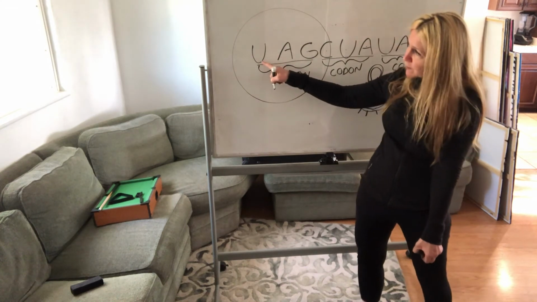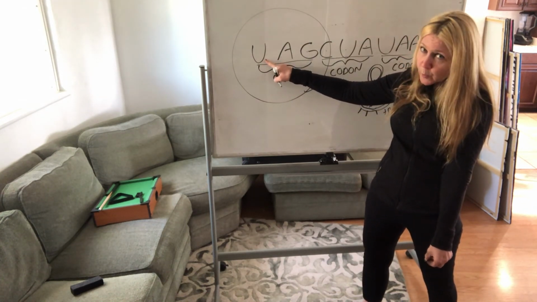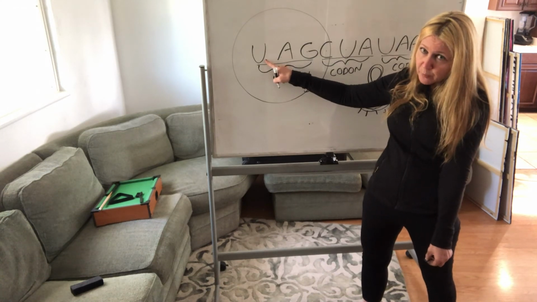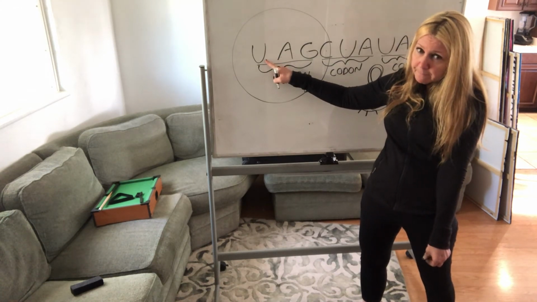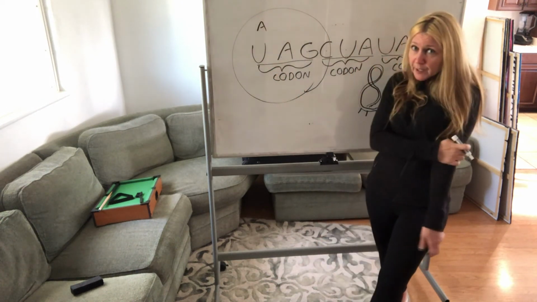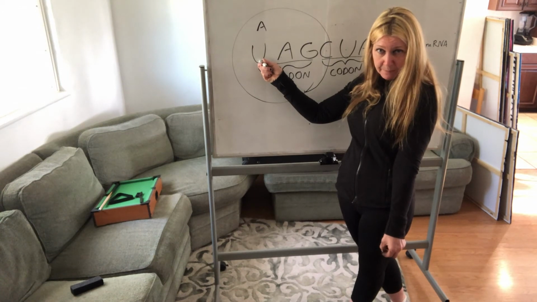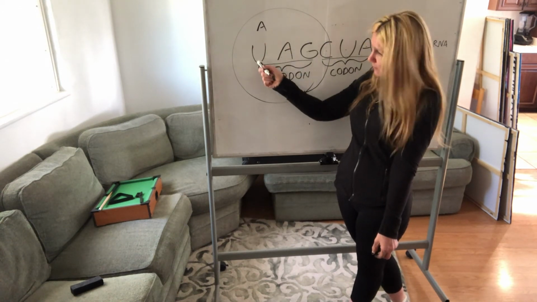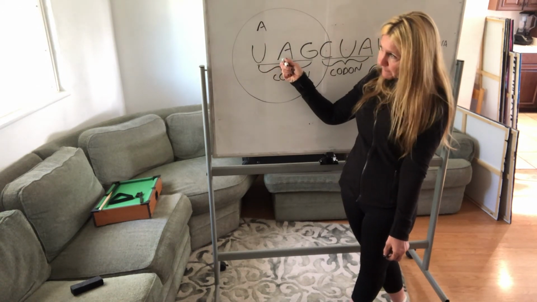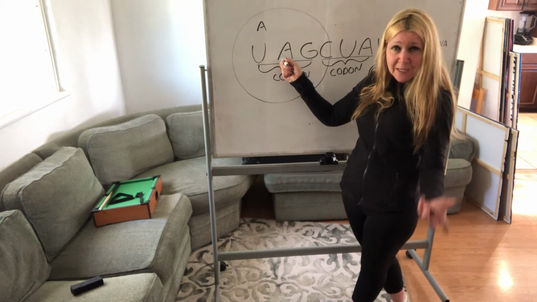We have 3 bases, so we're going to draw them. Remember the base pairing rules, if we have a U, the U is going to match up with A, right? Because remember, there's no T in RNA. So this replaces the T. Remember in the DNA, A would match up with T, but there's no T in RNA.